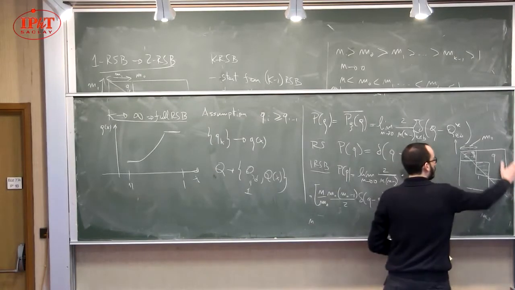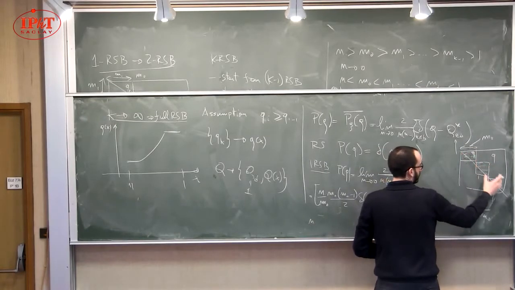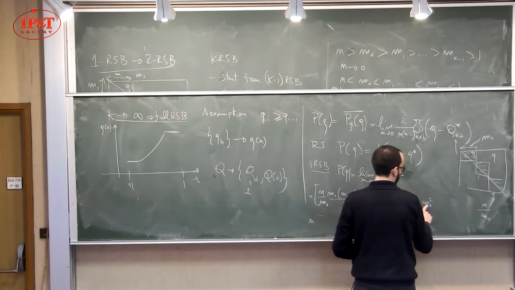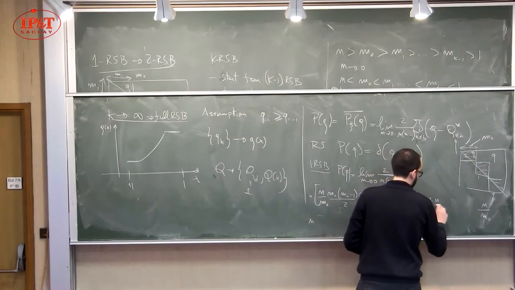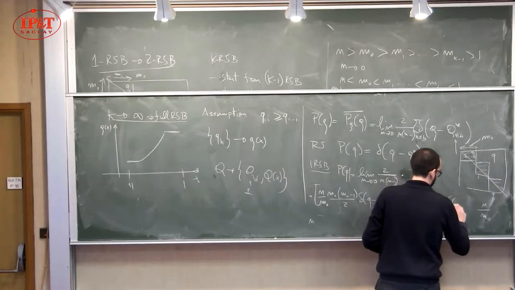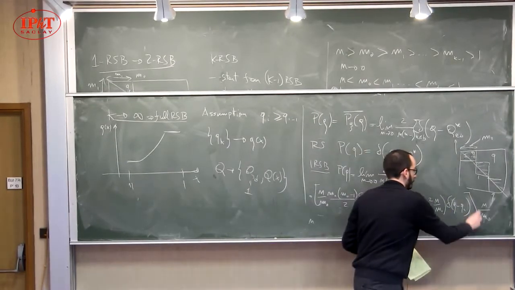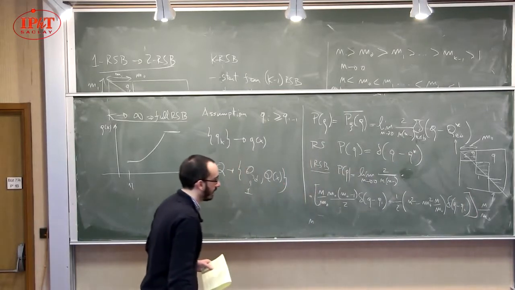So I take the full matrix, I divide it by 2, and I subtract the diagonal part that is given by m0 times n over m0.